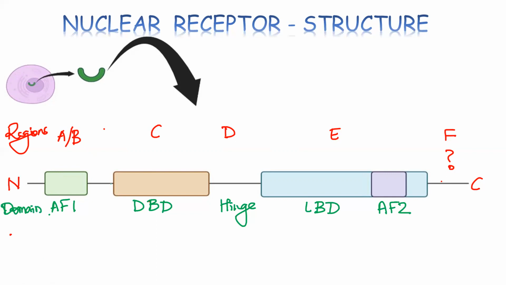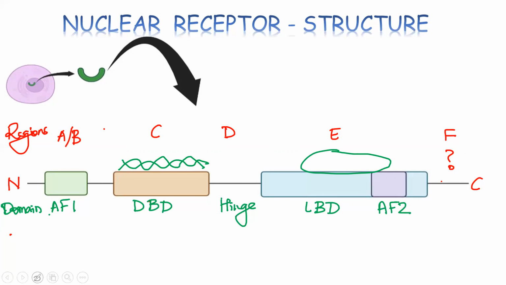What happens in AF1 and AF2, I'll be discussing in a minute. Let us discuss DBD first. DBD is the region where your receptor is going to bind to the DNA. LBD is generally the region where your ligand is going to bind, so the ligand binding site is going to be at LBD.